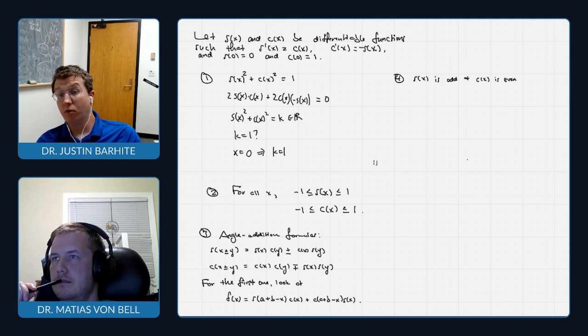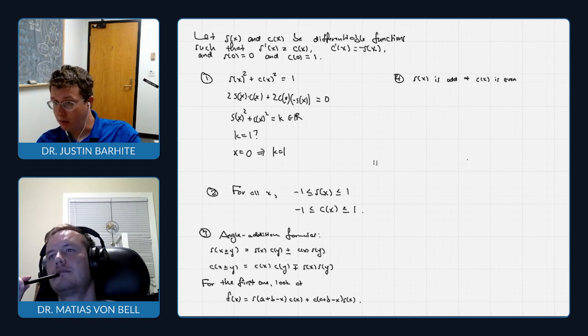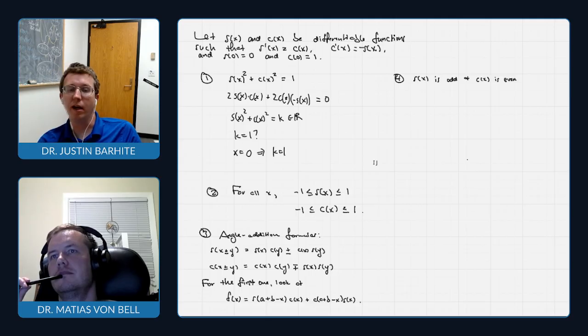From there, you could compute the circumference of a circle with an arc length integral, which you probably use a trig sub to do, and you're going to end up getting pi as the ratio there.